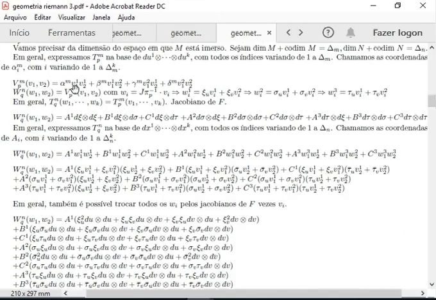Generally, we express TPM in the basis d1 tensor ... tensor duk with all indexes varying from 1 to delta m. We call the coordinates alpha im, with i varying from 1 to delta m, elevated to the power q, k.